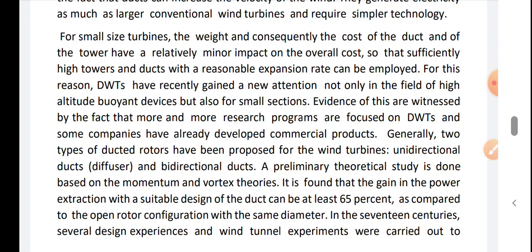An initial theory is done based on the momentum and vortex theories, and it is found that the gain in the power extraction for a suitable design of the duct can be at least 65% as compared to the open rotor configuration of the same diameter. It means the power extraction gain is quite high if you are using ducted wind turbines.